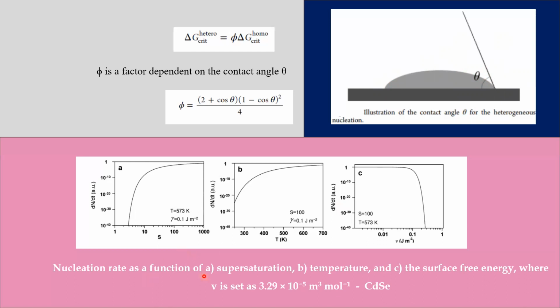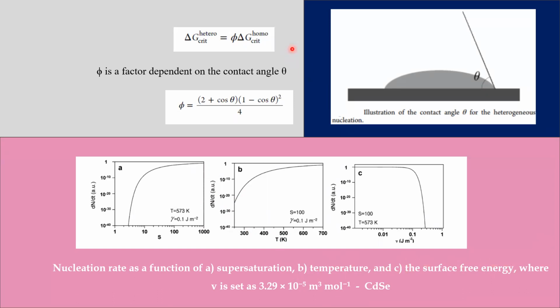The nucleation process depends on supersaturation. That means when the supersaturation is increased, dN by dt, the rate of nucleation, is increased. It also depends on the temperature. When the temperature in Kelvin scale increases, the rate of nucleation also increases. But the surface energy has a reciprocal dependence.